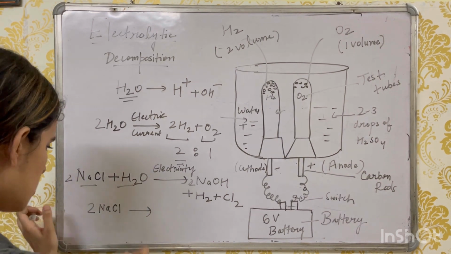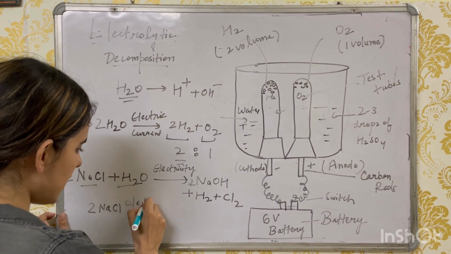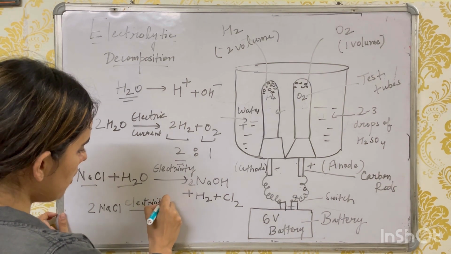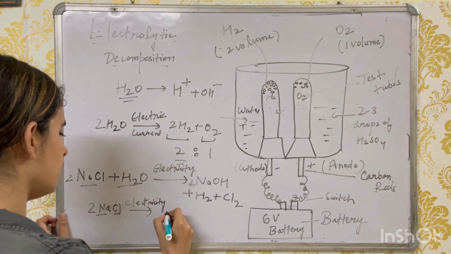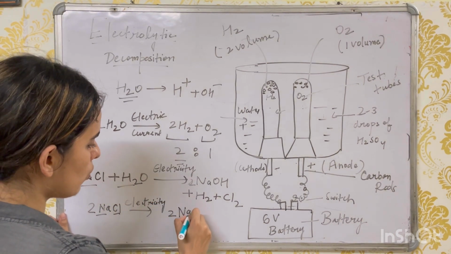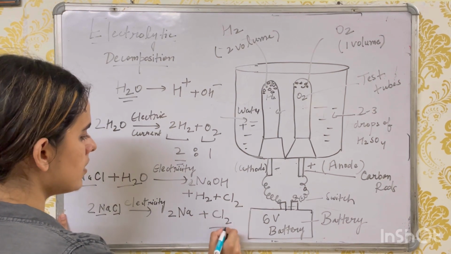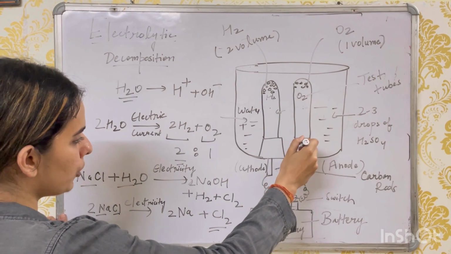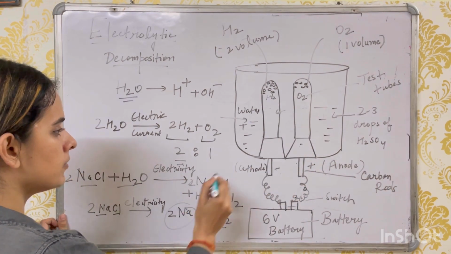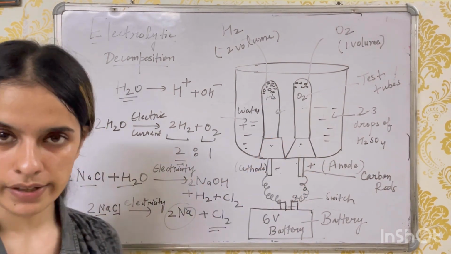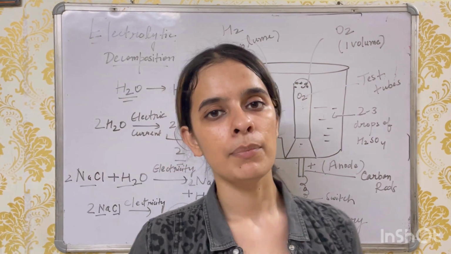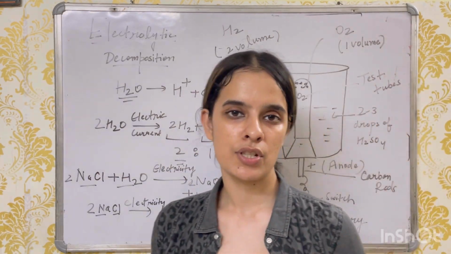When you pass electricity, the bond between Na and Cl will break and sodium would be separated from chlorine. This chlorine will start depositing at the anode side and sodium will start depositing at the cathode side. So this is also an example of an electrolytic decomposition reaction.